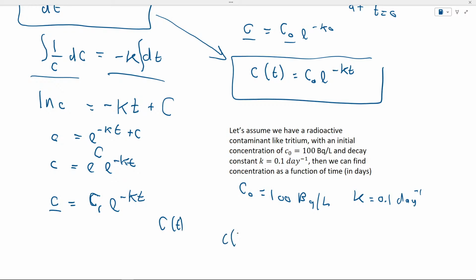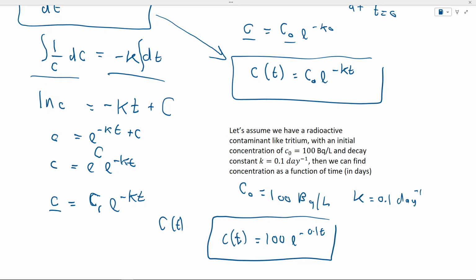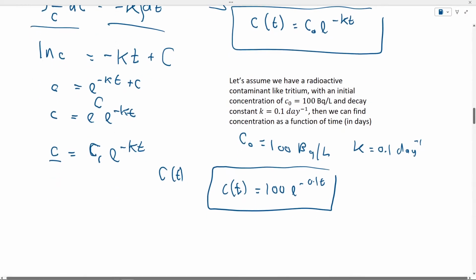I want to see the concentration as a function of time. So that is easy. Concentration as a function of time: C naught, that's 100, E to the power of the decay rate, 0.1 T. So now I have an equation that shows me the decay of tritium, which is like heavy water, as a function of time. And this is very useful.